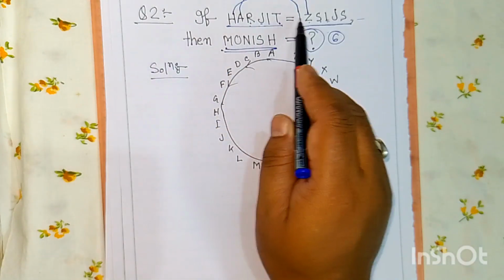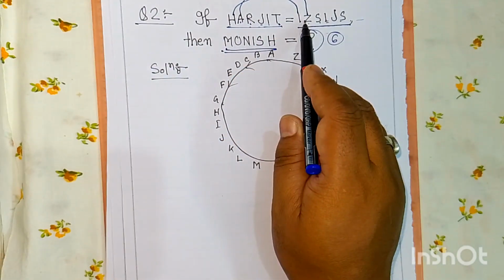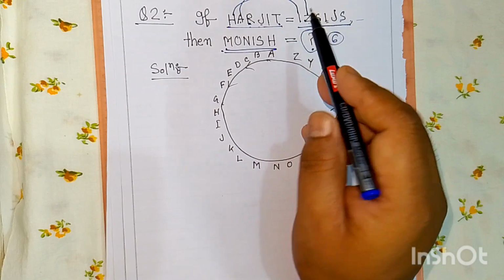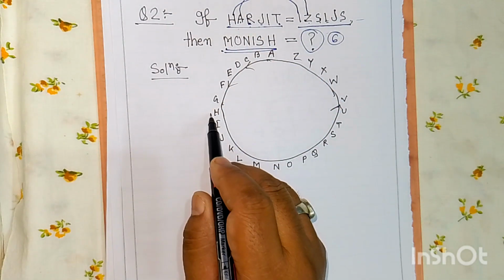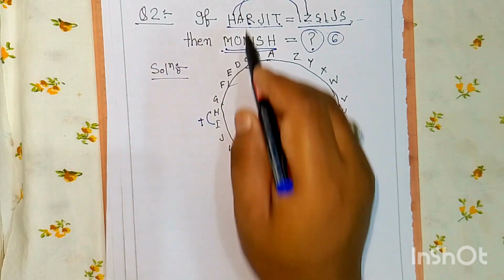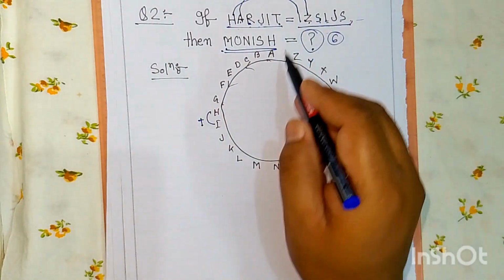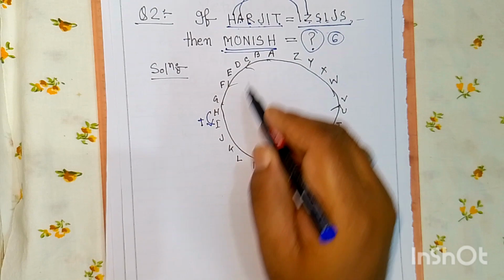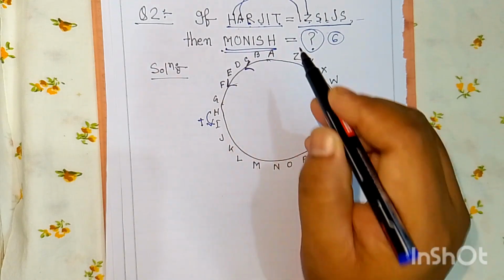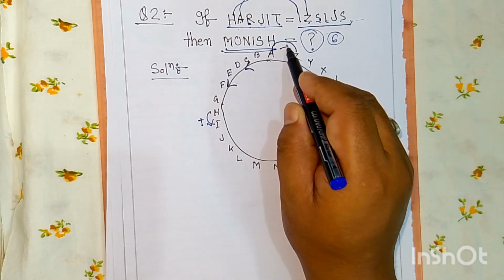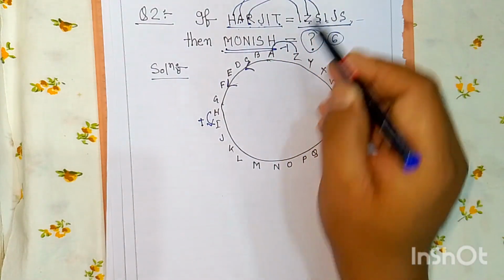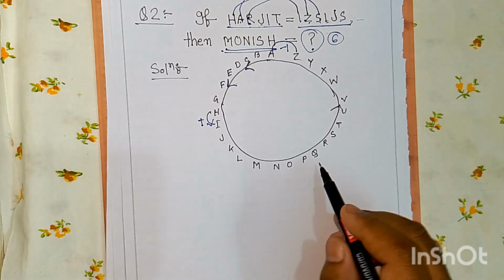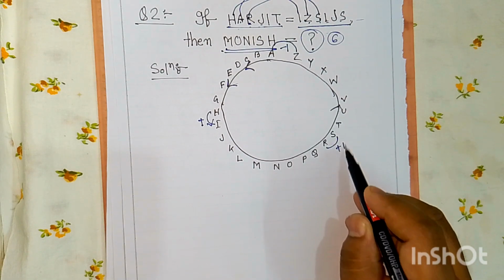Now H becomes I, A becomes Z, then R becomes S. So what is the pattern? H to I is plus 1. A to Z, going in the clockwise direction, is minus 1. Then R to S is plus 1.